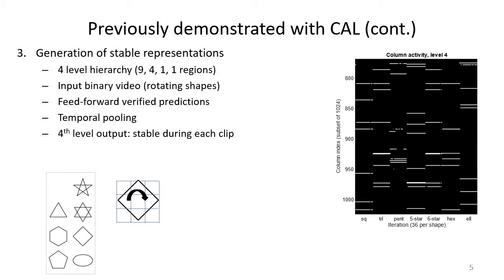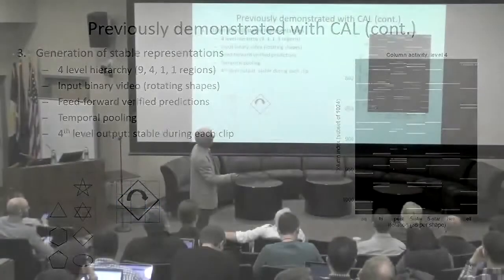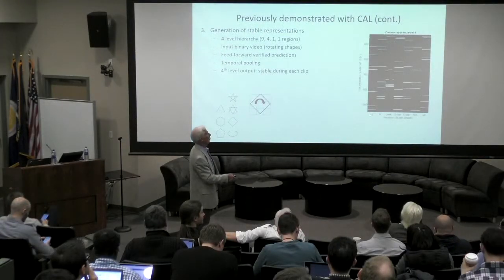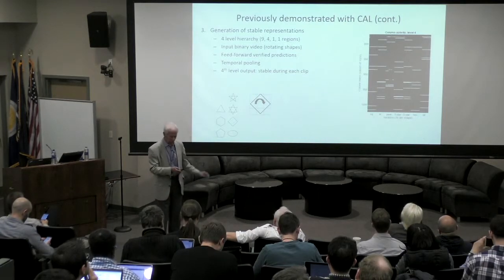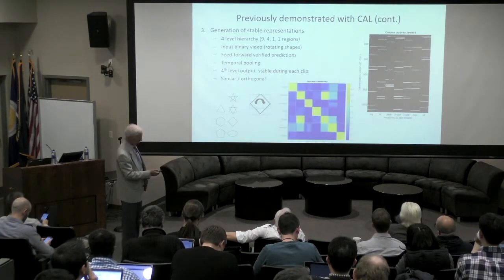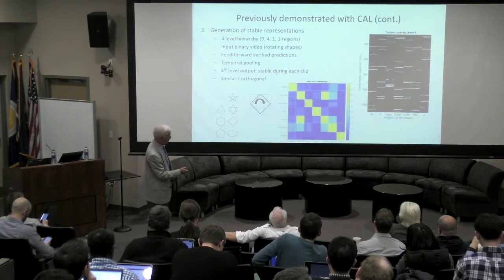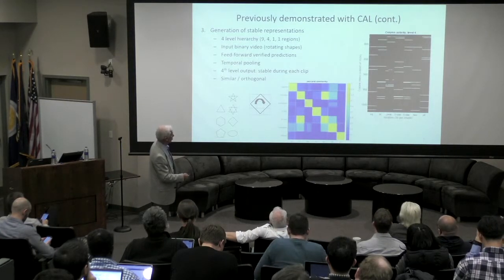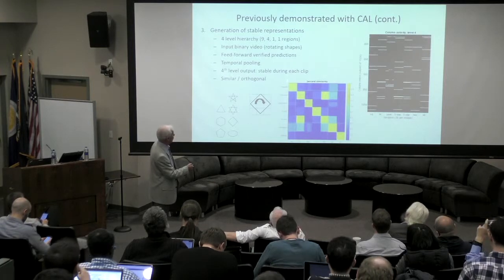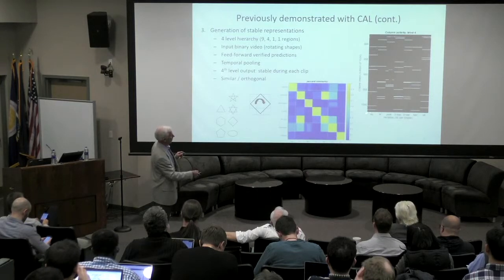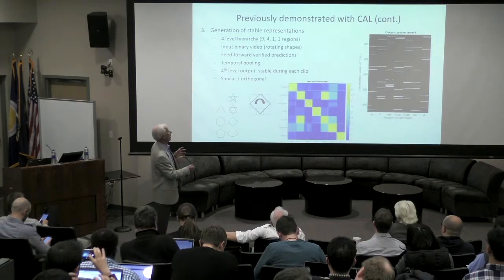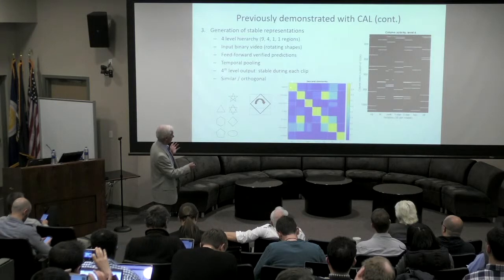Basically, these bits that are on in this vector are representing a rotating square or a rotating triangle. That's the semantic meaning of that representation. And then you can compare the activity during the input of a square with the other iterations during that square, and that shows it's stable.